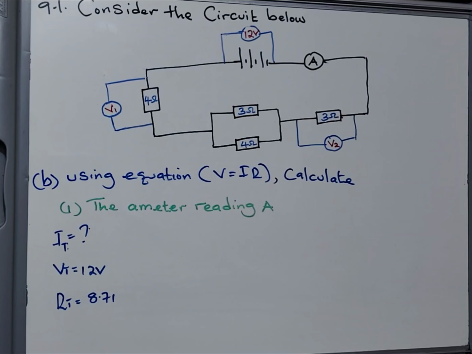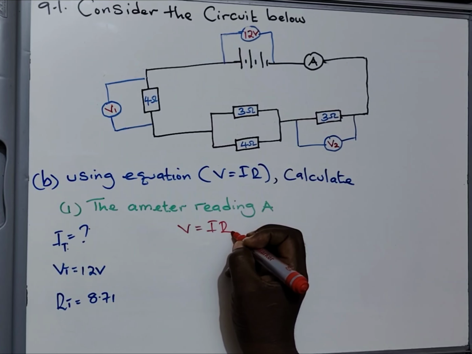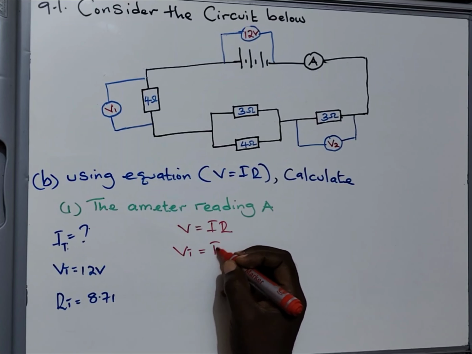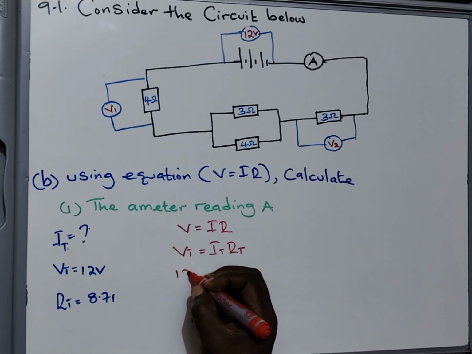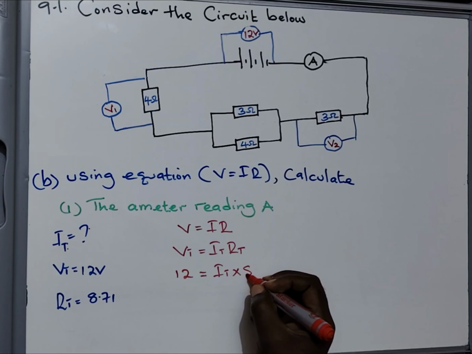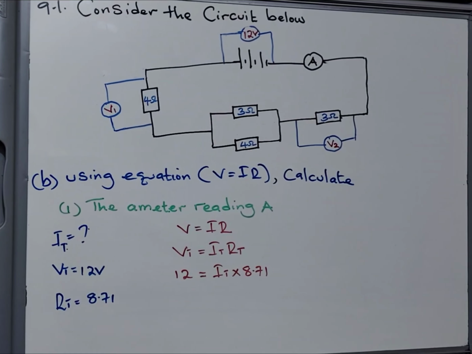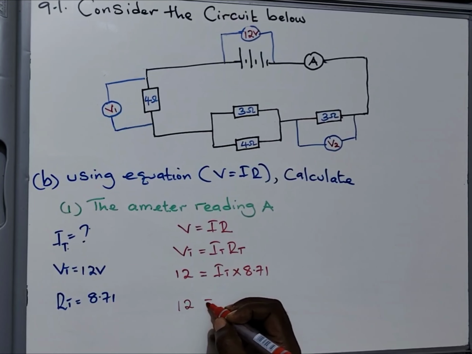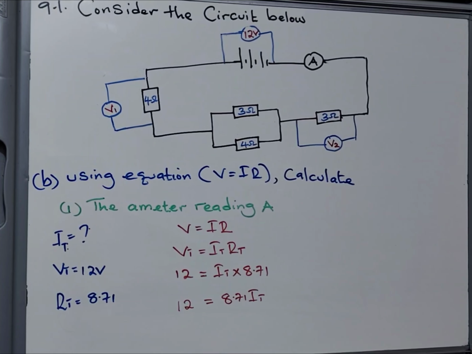So with this information, what do we do? We have the equation already, which is V equals IR. And you can say VT is equal to IT times RT. What is VT? 12. What is IT? Want it times 8.71. So from here, we simplify and we say 12 is equal to 8.71 IT.